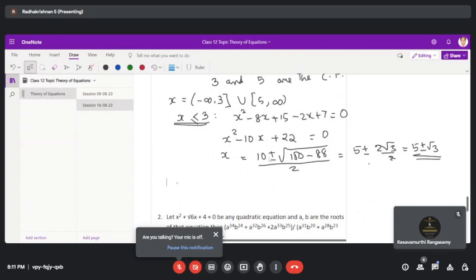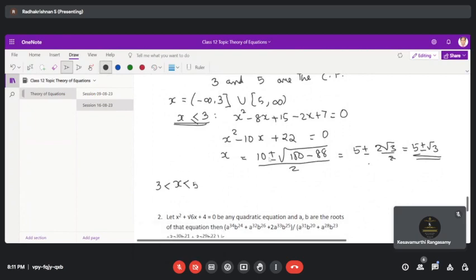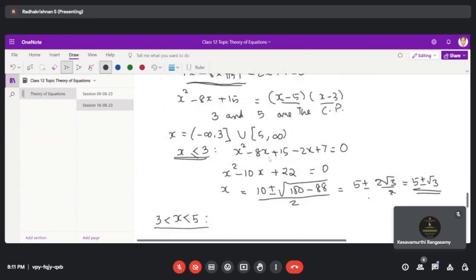Next, we take when x is between 3 and 5. So when x is between 3 and 5, one of them will become negative, because in modulus this x minus 3 will be positive, but x minus 5 will be negative.